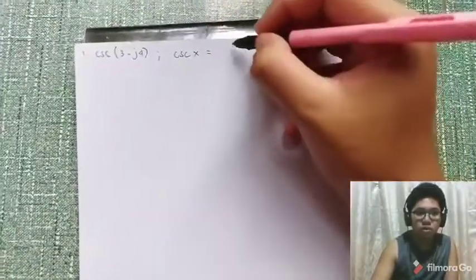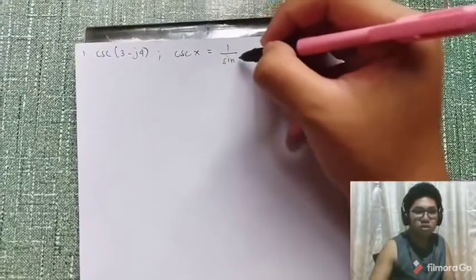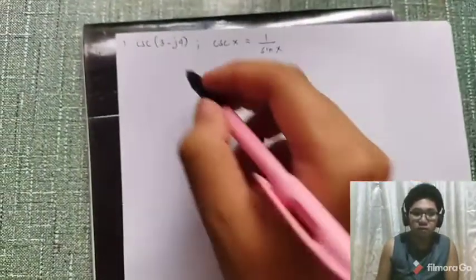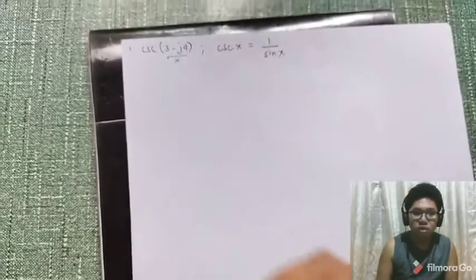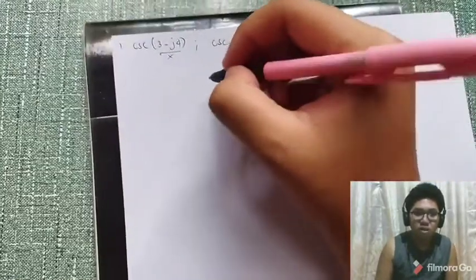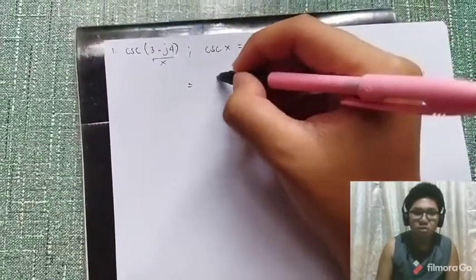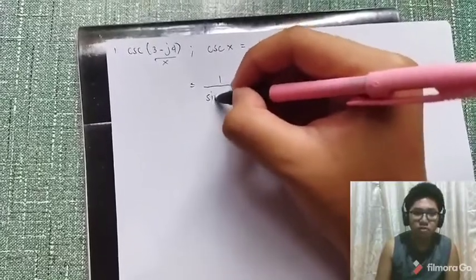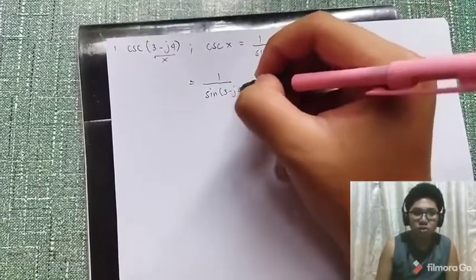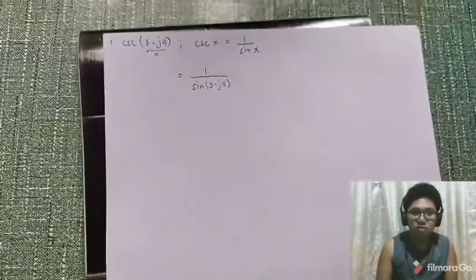So with a trigonometric identity, a cosecant of x is equal to 1 over the sine of x, and our x here is 3 minus j4, so that is 1 over sine of 3 minus j4.